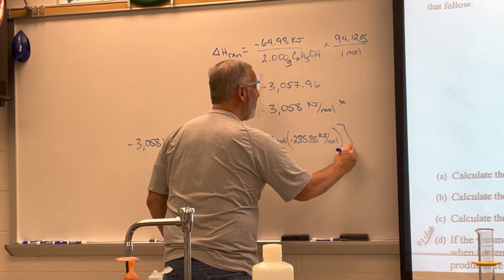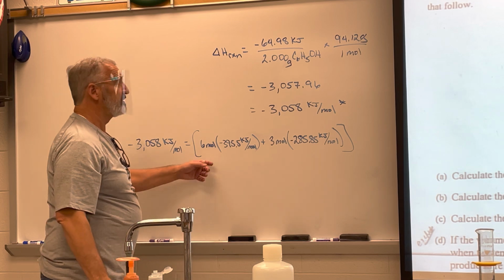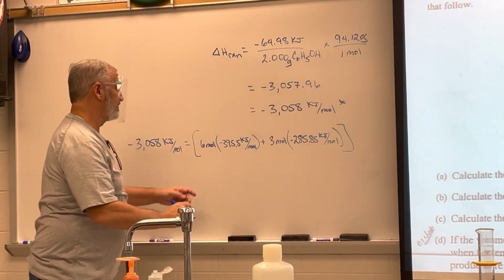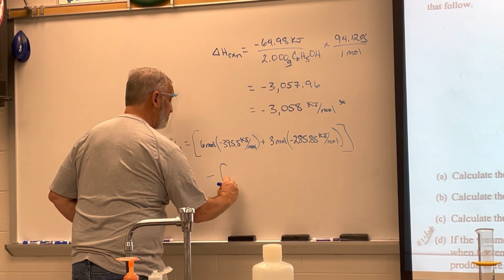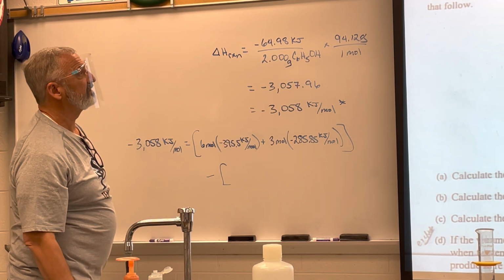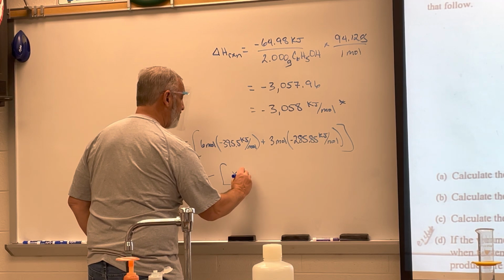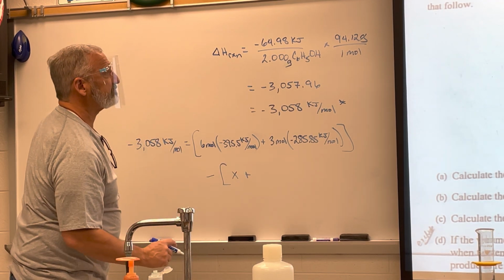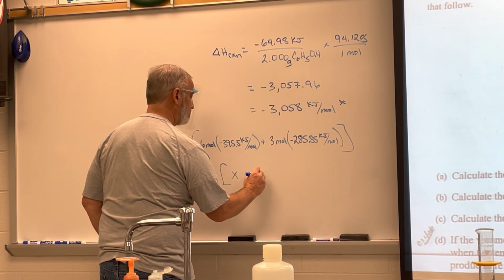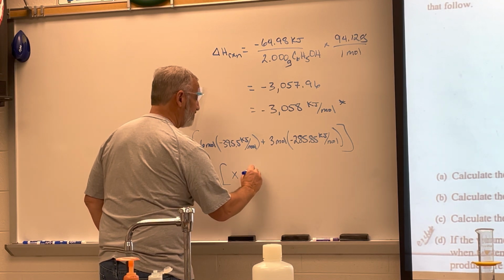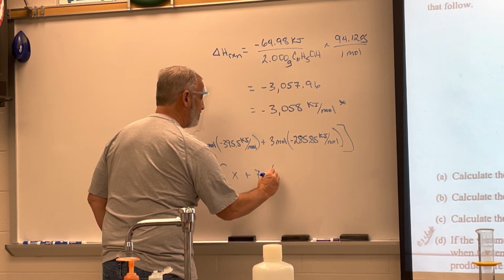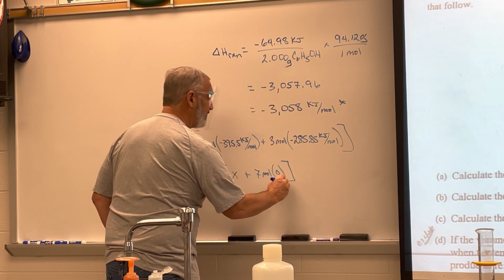That is the heat of formation of products minus the heat of formation of reactants. So it's going to be X plus 7 moles times 0. Now you would never have to write that, but I'm just making a point.